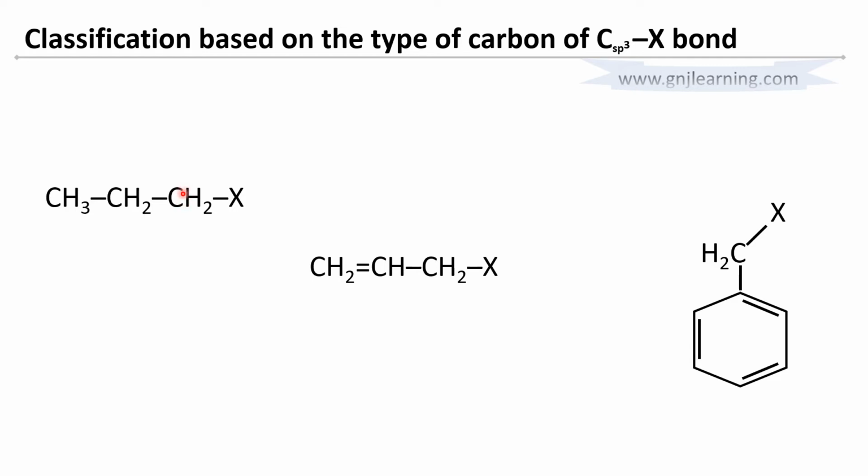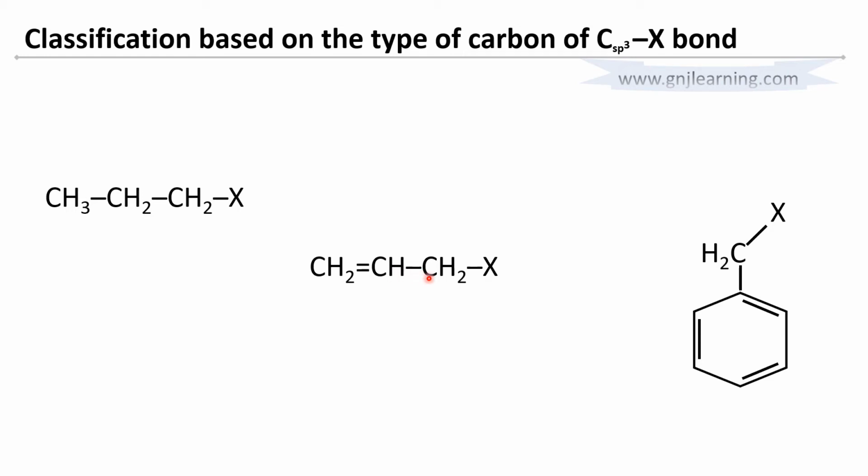Comparing this with the second compound, here X is attached to this carbon, which is sp3 hybridized, and in turn is connected to a carbon that is sp2 hybridized. We have learned this in the introduction on how to name such carbon. Such an sp3 carbon that is attached to an sp2 carbon, how is it called?